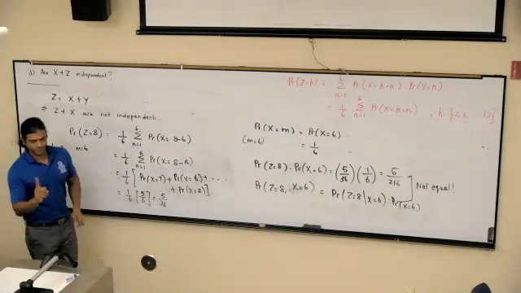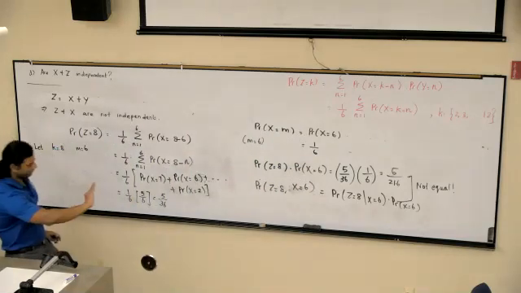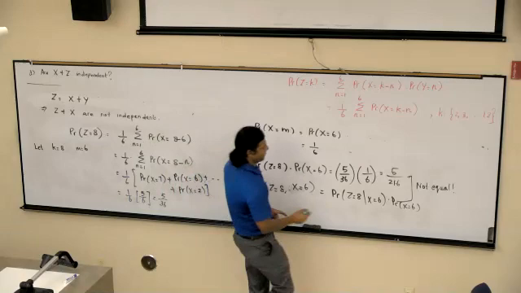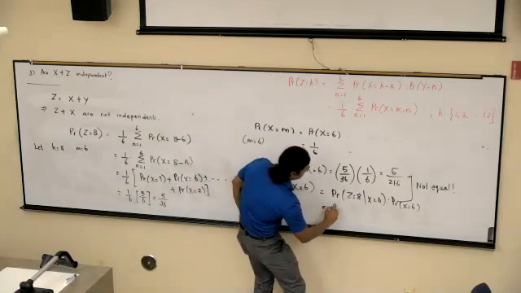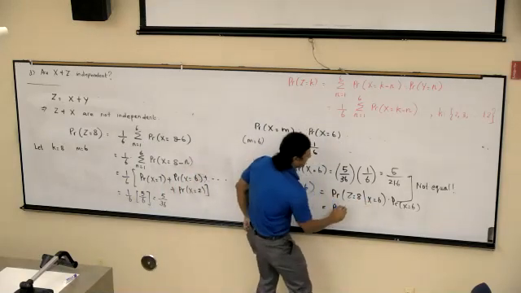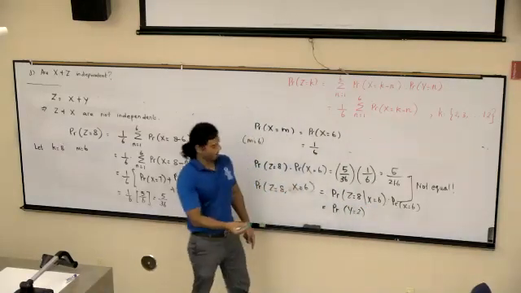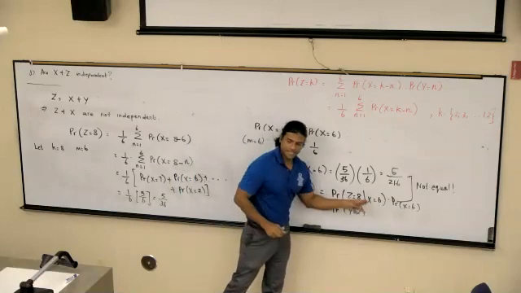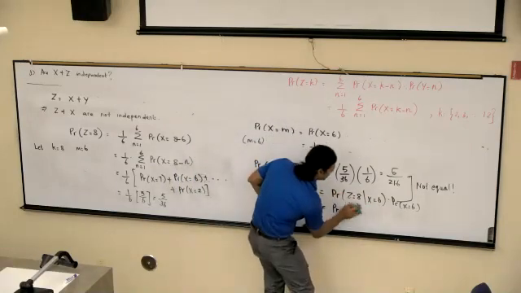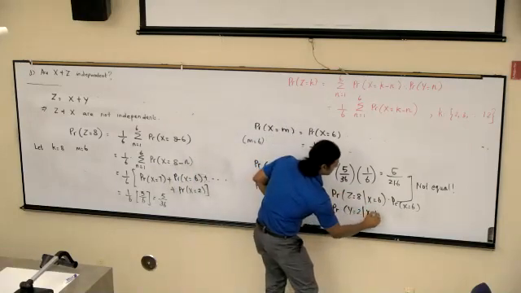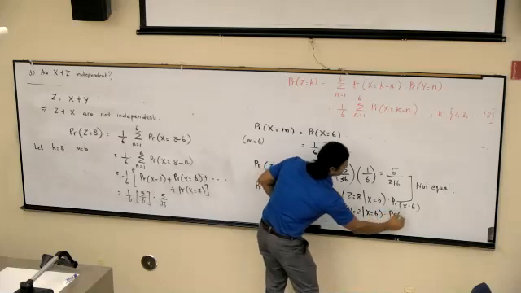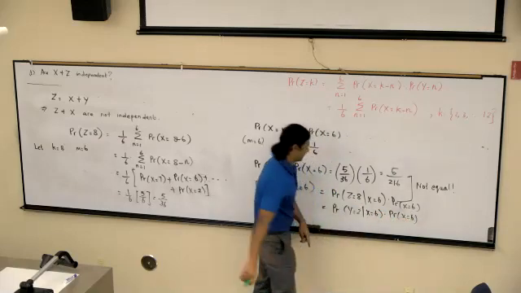So when we condition x is equal to 6, now probability y equals 2, conditioning x is equal to 6, multiplied by the probability of x equals 6.